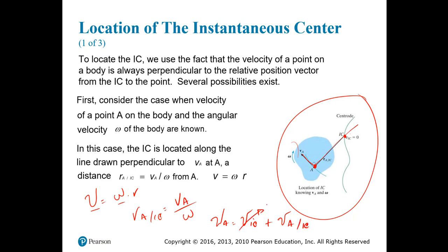This one, the theory tells you, is zero, and now your equation becomes a lot simpler because VA will be equal to the velocity of A/IC, and you can get that if you have information such as the one I just explained. So this method is very useful when working with dynamics problems because you can simplify your problem into something more manageable, something that you can easily work with.